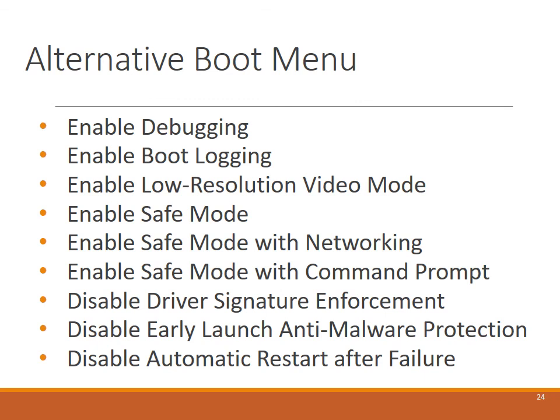Next one, enable low resolution video mode. If you've installed a new graphics card, sometimes you'll run into this issue. The resolution of your monitor may extend beyond the resolution that it can actually display. When that typically happens, your monitor is going to go blank and Windows will still be running, but you're not able to interact with it in any meaningful way.